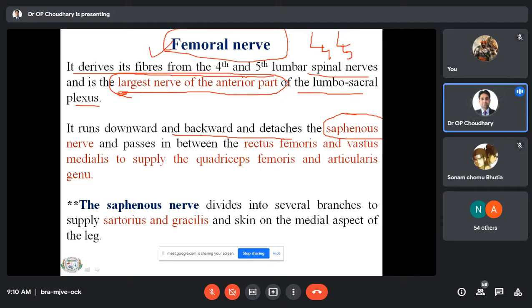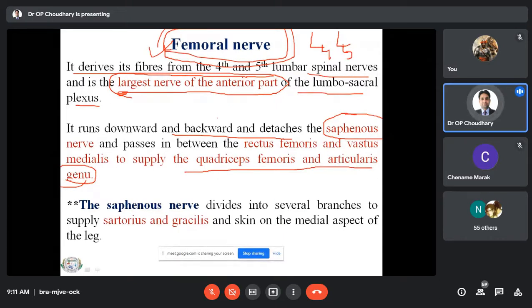As you know, rectus femoris and vastus medialis are muscles of the anterior aspect of the thigh region, and after passing between them, the femoral nerve supplies the quadriceps femoris and articularis genu. So usually this femoral nerve supplies the muscles which are present around the femur, the muscles of the anterior aspect of the thigh region.